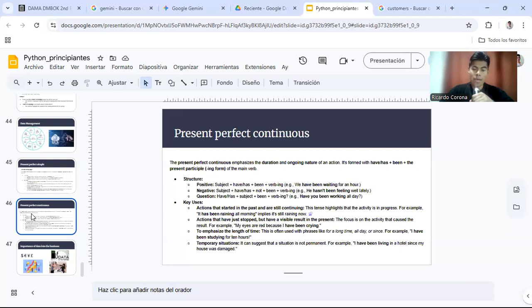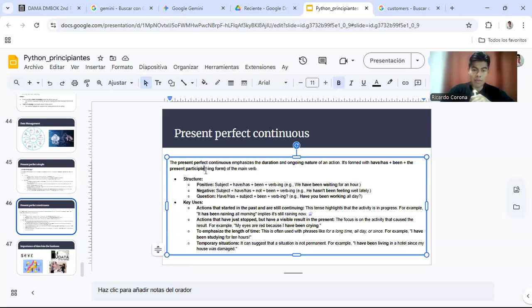It's formed with have or has plus been plus the infinitive plus ing. The positive structure: subject plus have or has, plus been, plus verb in ing.